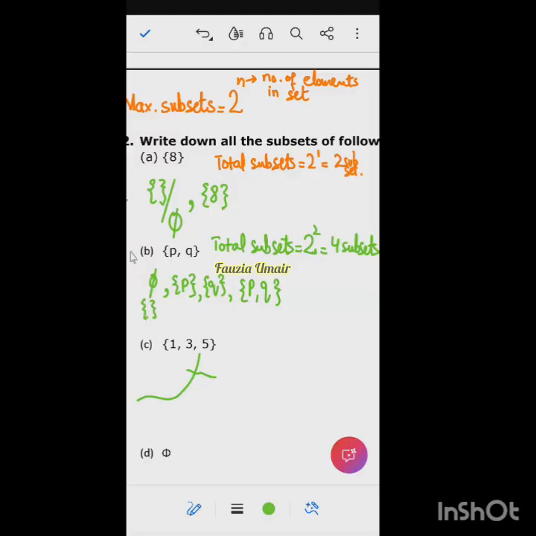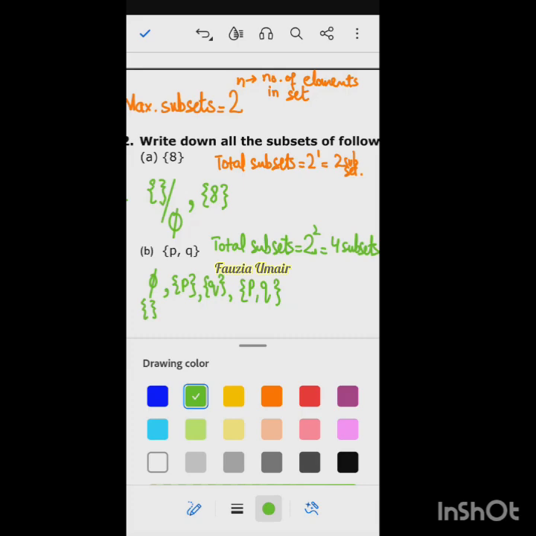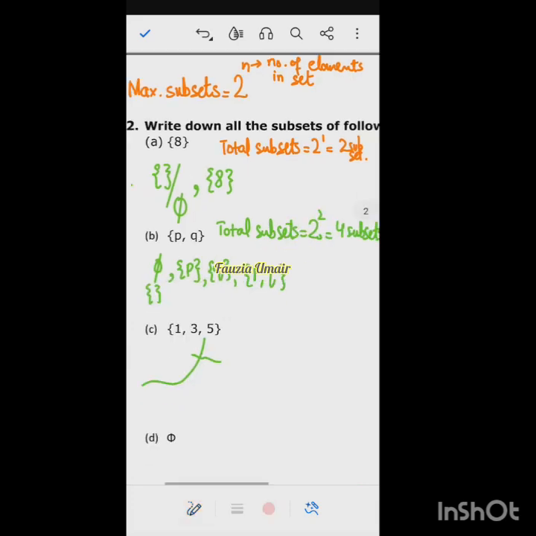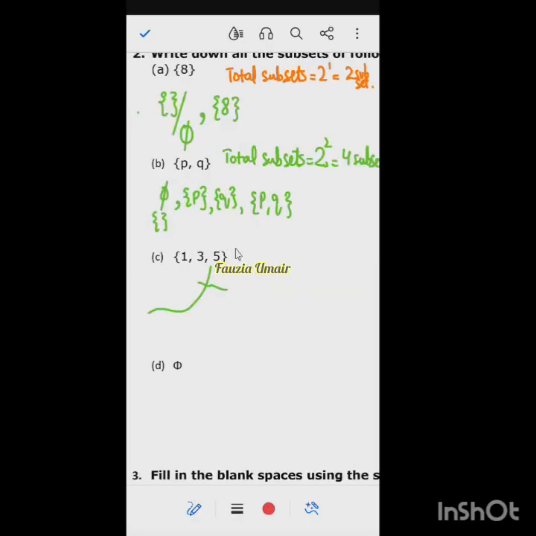Yes, Tawassul. Or Hashim, do you want to say something? How can you present the null set in a Venn diagram? So the null set is just a concept, an empty set. There is no value inside.